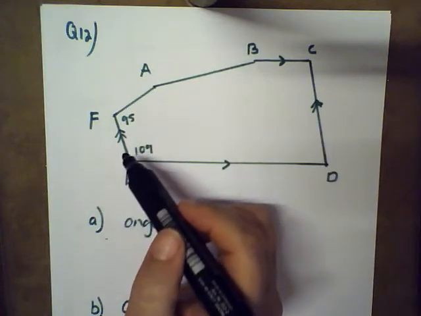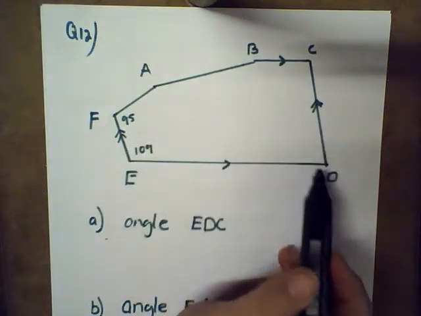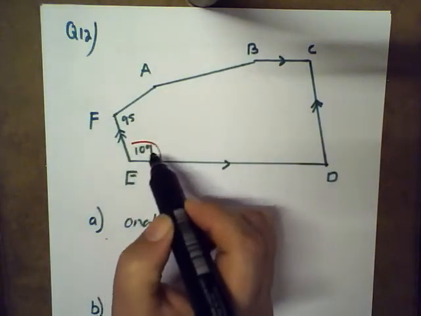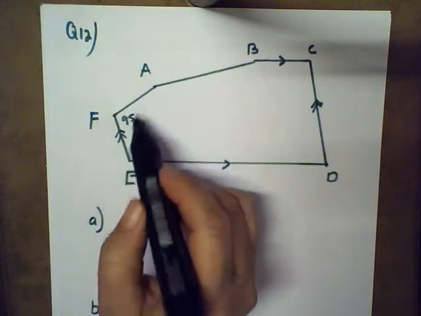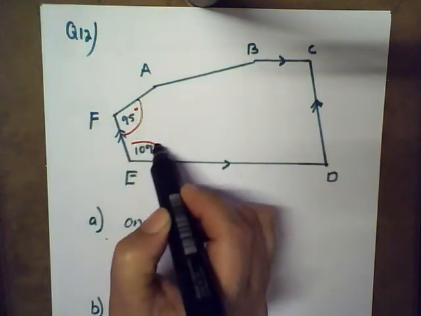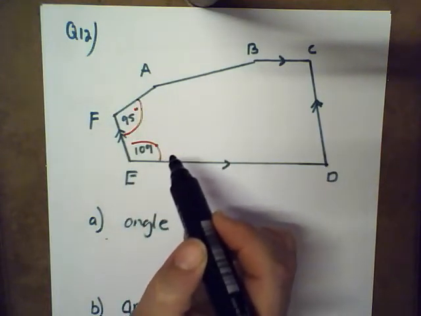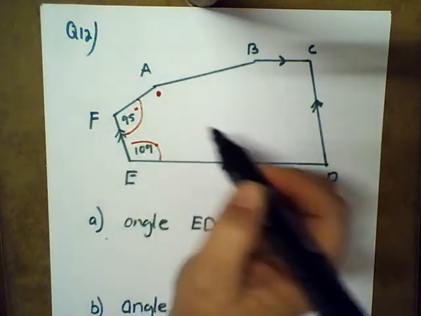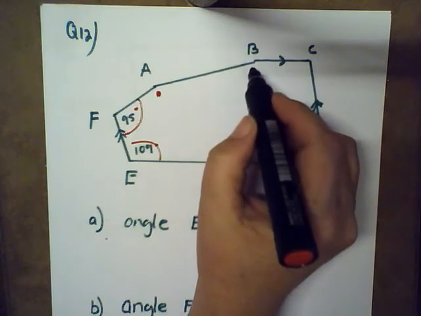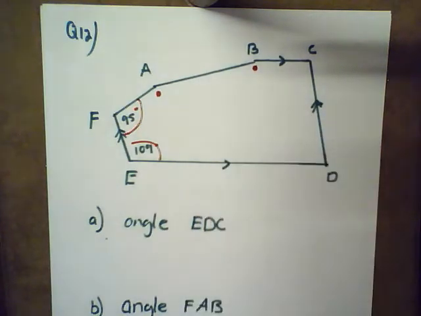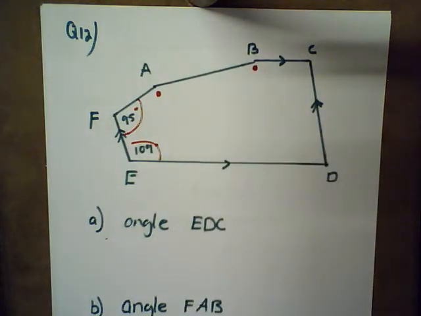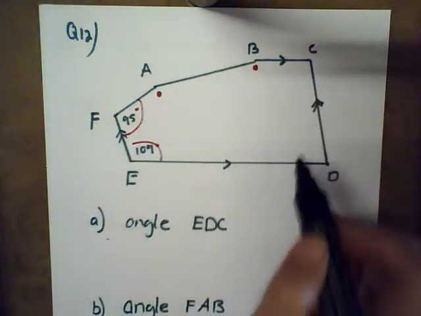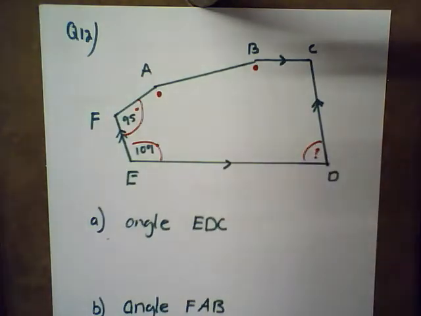They say that angle DEF is 109 degrees, angle EFA is 95 degrees, and angle FAB is equal to angle ABC. Now they ask us to find angle EDC. We want to find what that one is.